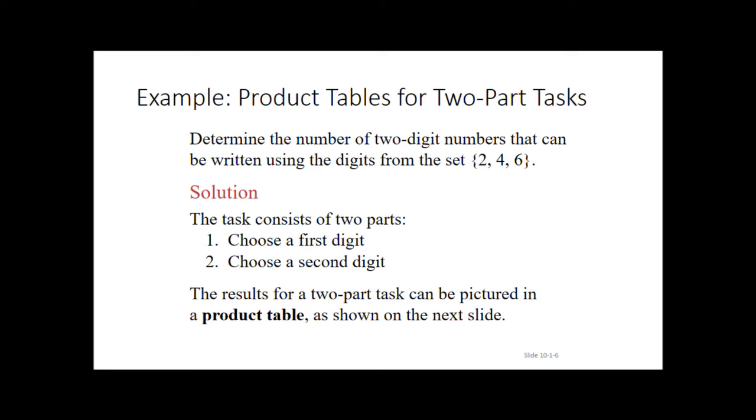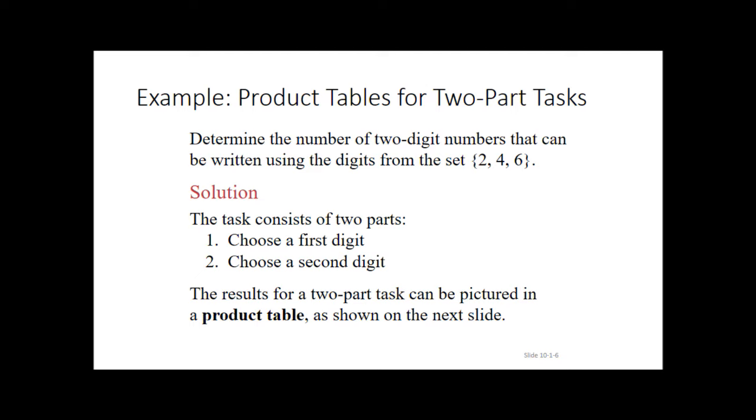So this task can be thought of, and I want to make this clear, 2 people don't necessarily think of a task as being broken down in the same way. But in this case, it's a pretty simple scenario. You can just think of it as choosing the first digit and then choosing the second digit.